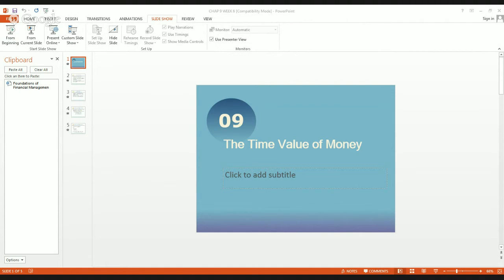So the i, that small i, is 10%. That 4 years is the n. And the present value is that $1,000. So we're trying to use the formula to get the future value of that $1,000.